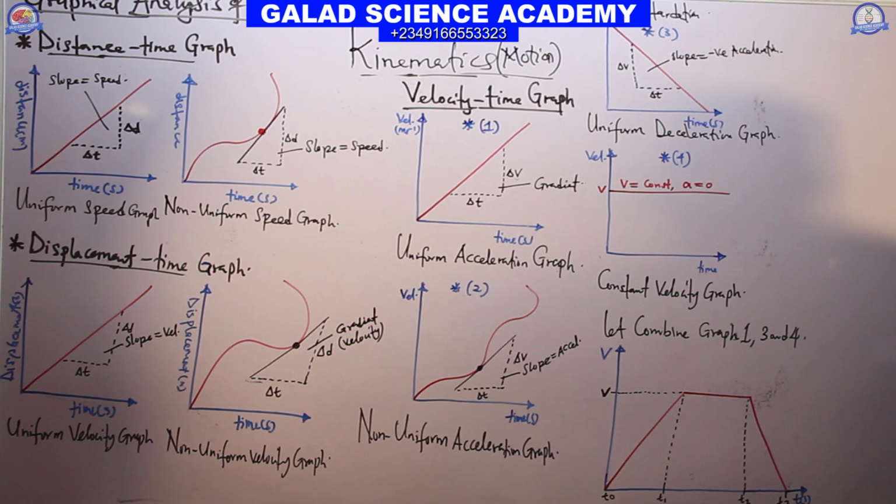By combining the graphs together in this sketch, we have time in seconds here. This place will be what? Velocity in meters per second. So by combining the 3 graphs together, we have what?